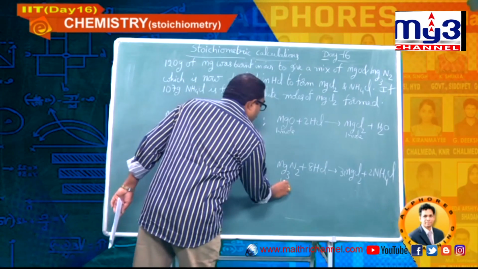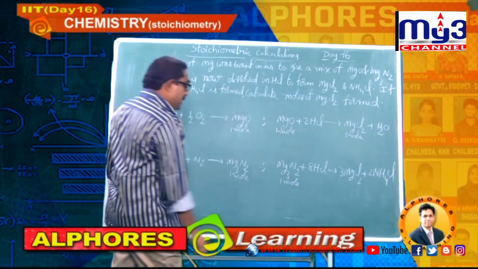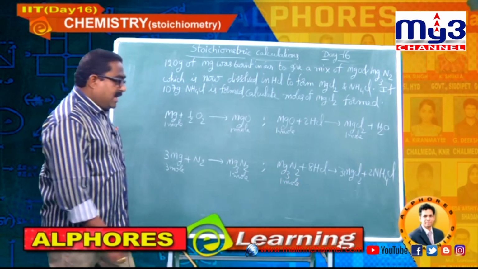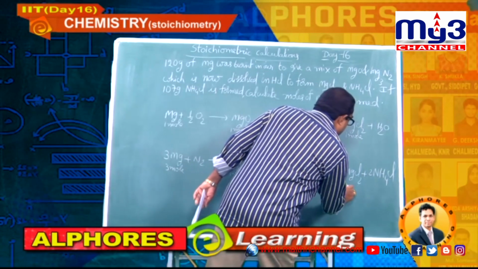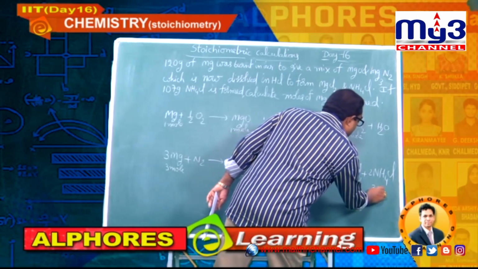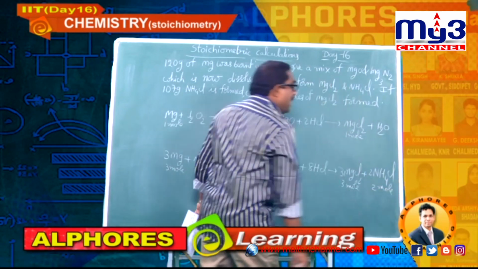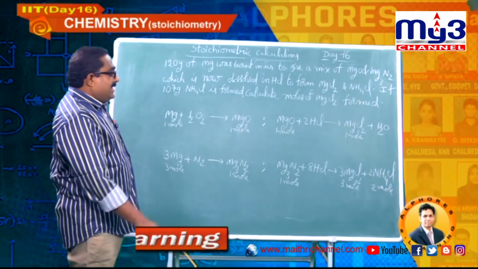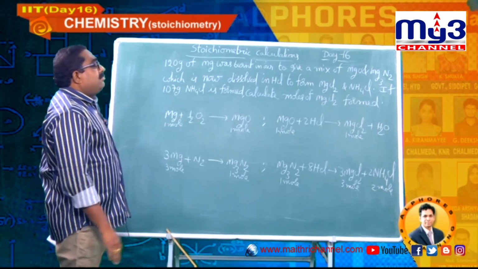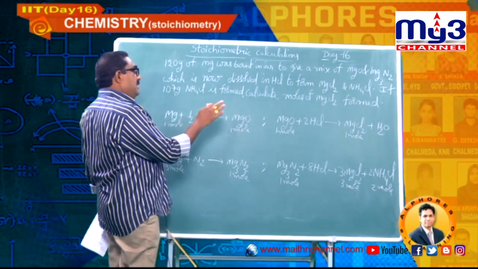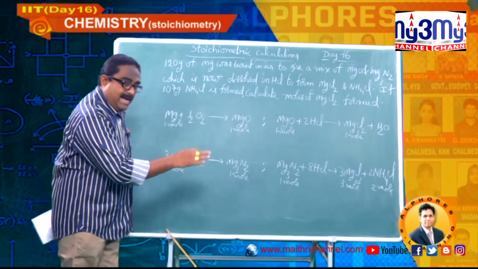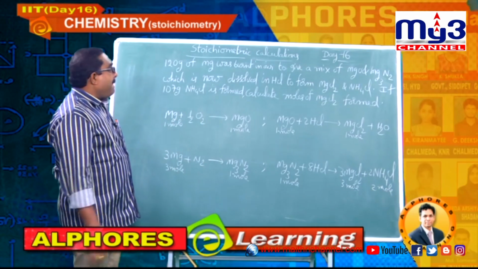Again 1 mole of magnesium nitride on dissolving in HCl forms 3 moles of magnesium chloride and 2 moles of ammonium chloride.